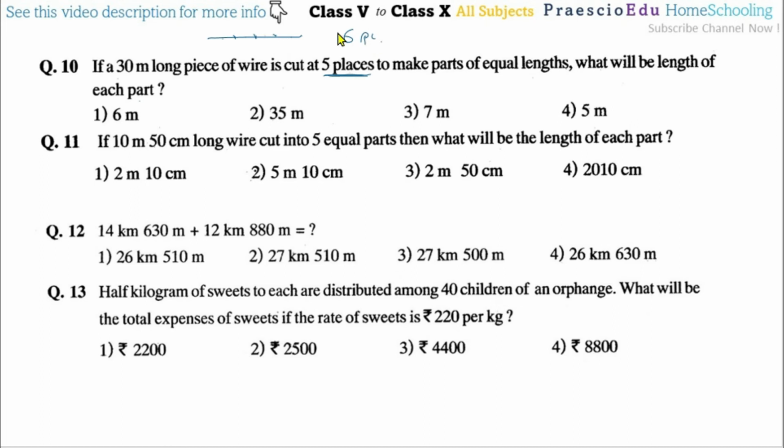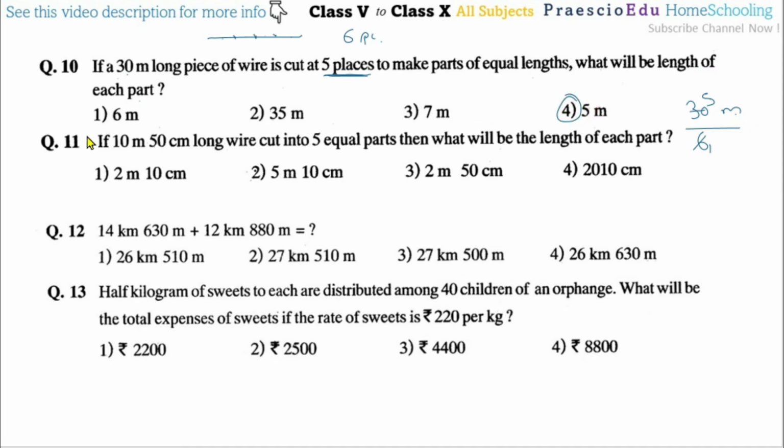Each part is equal, so there are a total of 6 parts and the total length is 30 meter. So 30 meter divided by the 6 parts: 6 fives are 30, so that is 5 meter. So option number 4 is the correct one.